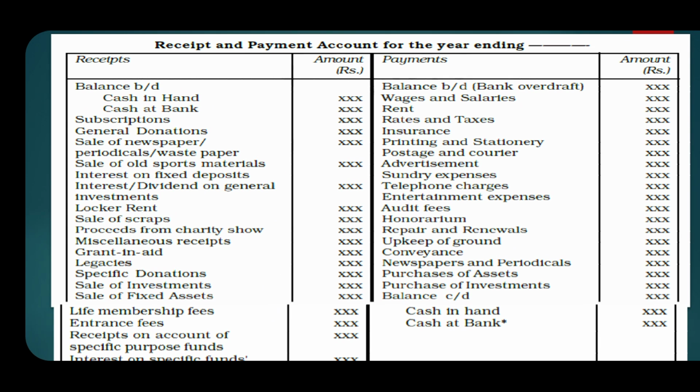Then all the payments including wages, salaries, rent, rates, taxes, insurance, printing, stationery, these are payments. Postage, courier expenses are credited.